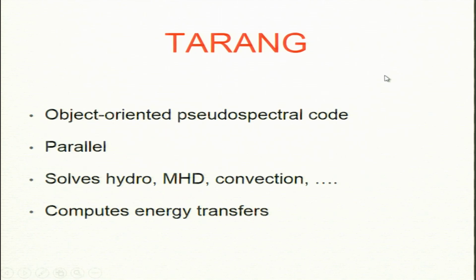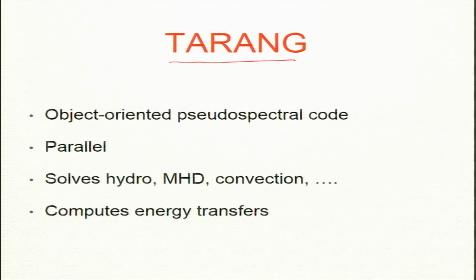So, I just want to tell you, maybe with one slide, but we will get back to it a bit later. There is a code, Tarang, developed in our lab. It is object oriented. Why object oriented? Because we have one code to solve fluid, MHD, convection, and rotating flows. So, this is a general PDE spectral solver.